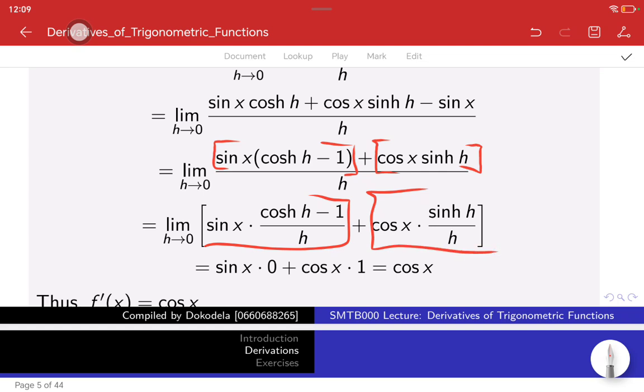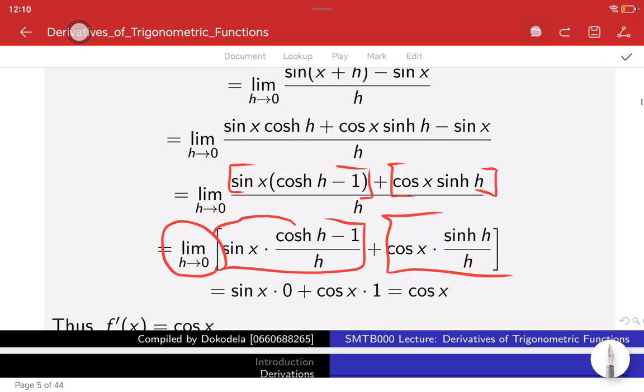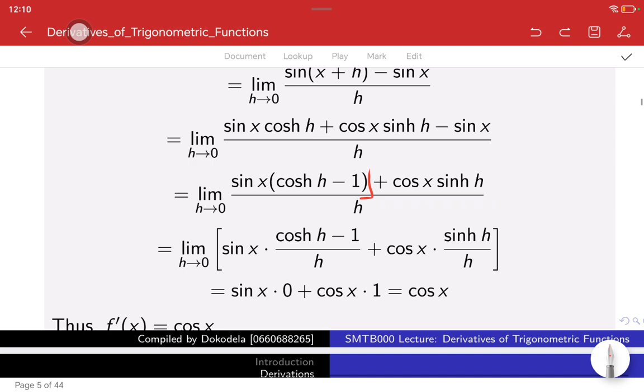Then from here, if I apply the limit, we have two properties. If I erase this, I can write the two properties that were introduced when we came to trig limits. The limit as h approaches 0 of sine h over h is 1, we agree, right?